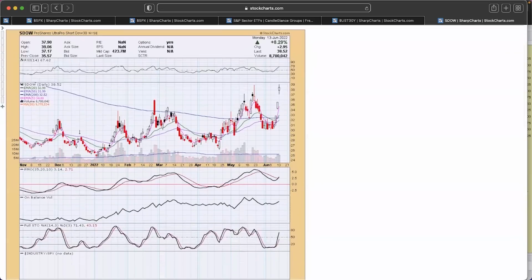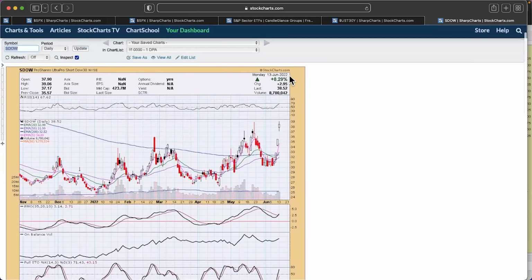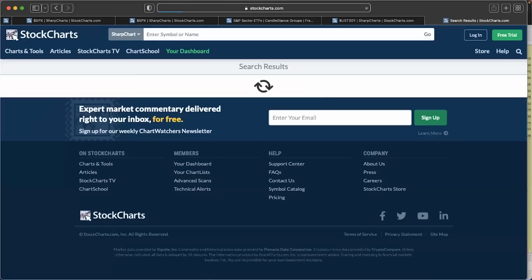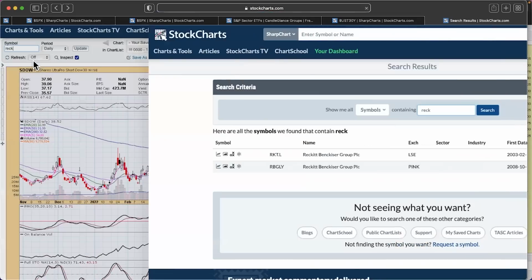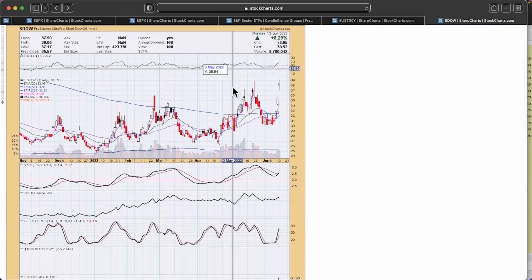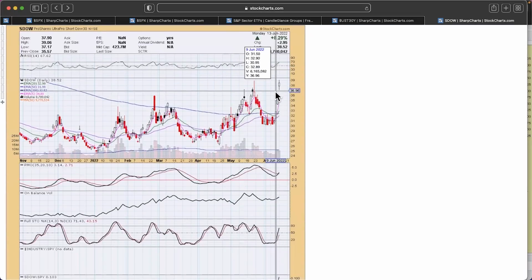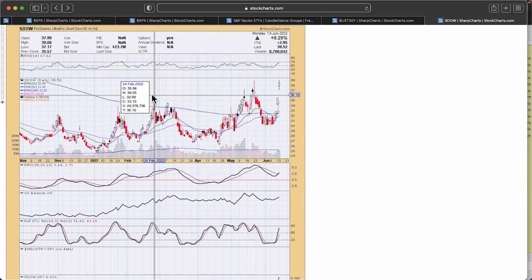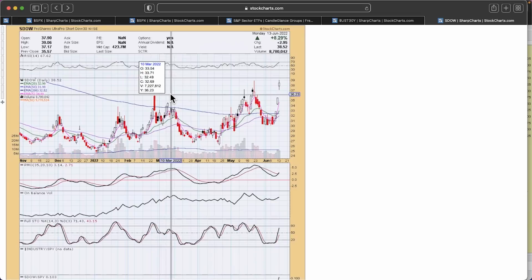But here's SDAO. That's another one that I've been looking at as well. I think this is no, it's not that one. I can't remember what that one is, but in any case, we're wrapping it up here. I think that these inverse ETFs are going to be a good call to be considering as a possible hedge.